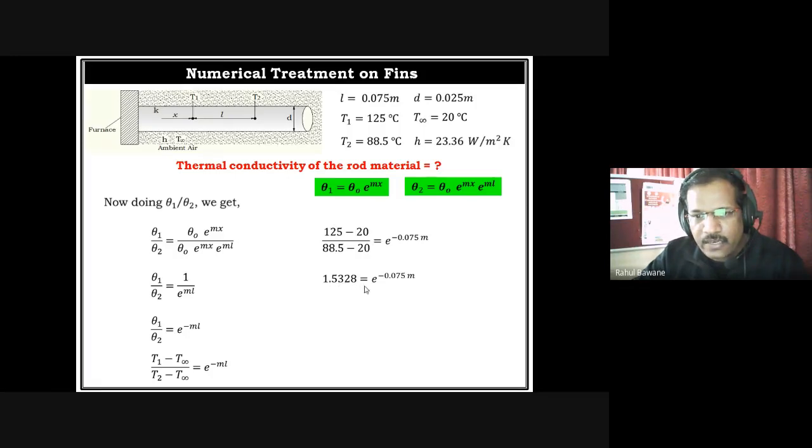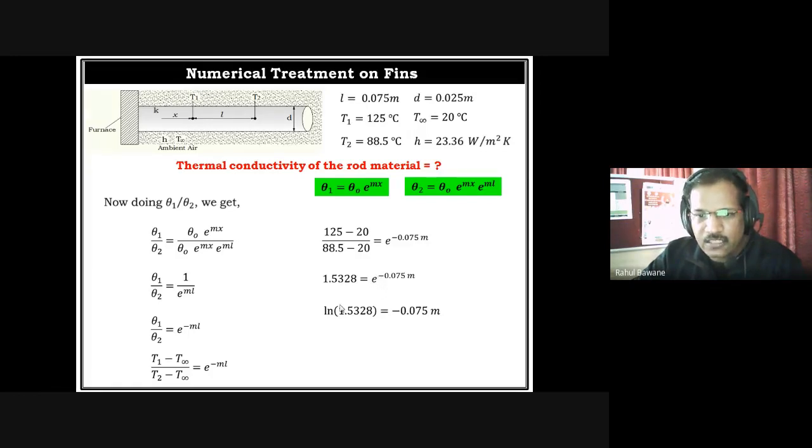1.5328 equals e raised to the power minus 0.075 m. Now we have to bring down this power term. So we will take the anti-log or ln, so ln of this on both sides. So we eliminate this exponential term.